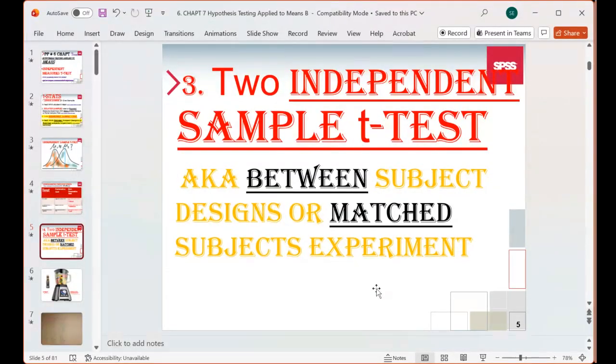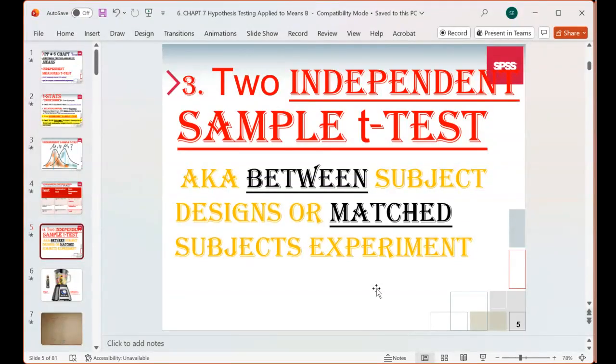If the calculated t is greater than the critical value of t, then we reject the null, because the value goes into the rejection zone. That's what we've been talking about. The same thing applies for all these test statistics.